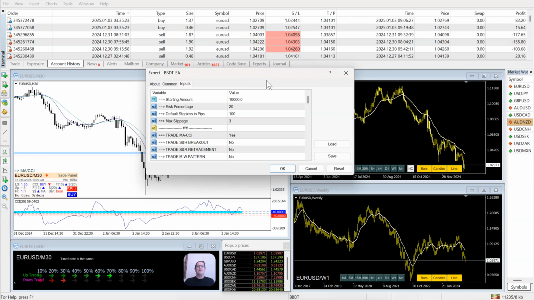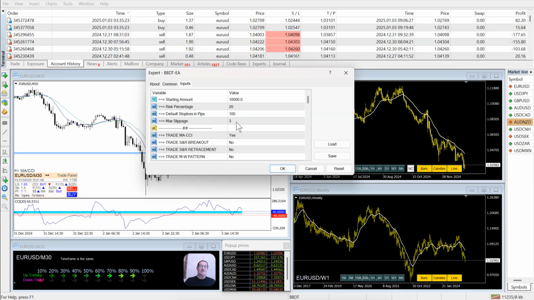I click on the little smiley face, and this is what I now have. The first part is the same, where you enter the amount that you funded your account with, your risk percentage, your default stop loss, which I recommend you do not change, and your maximum slippage, which I explained in a previous video, gives you a little bit of leeway since we do market orders as to the orders being accepted or rejected.